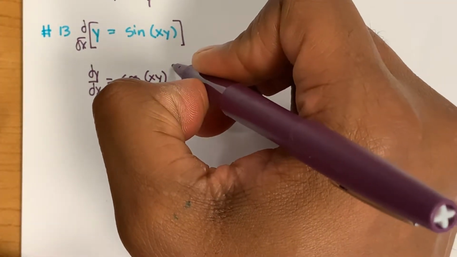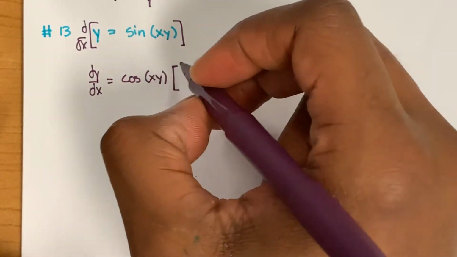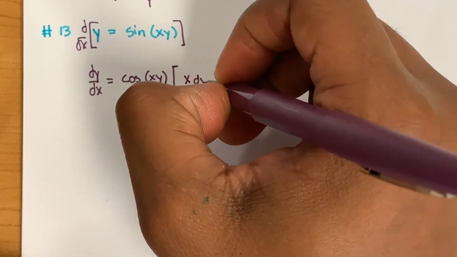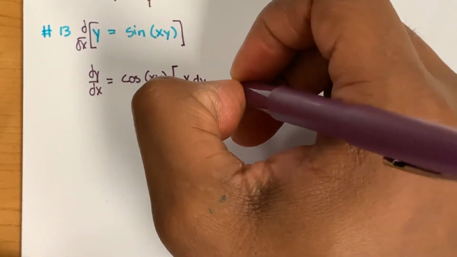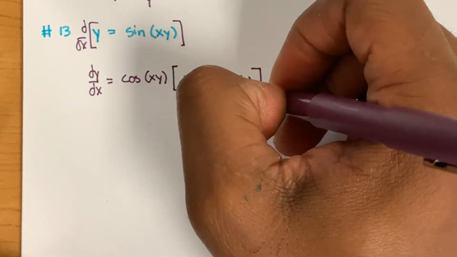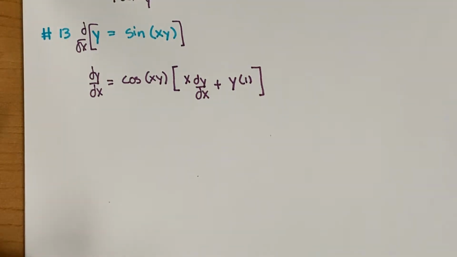And then we're going to multiply by the derivative of the angle, which would require we do the product rule. So we're going to have x times the derivative of y, which is x dy over dx, plus y times the derivative of x. And we have to group the dy over dx's.